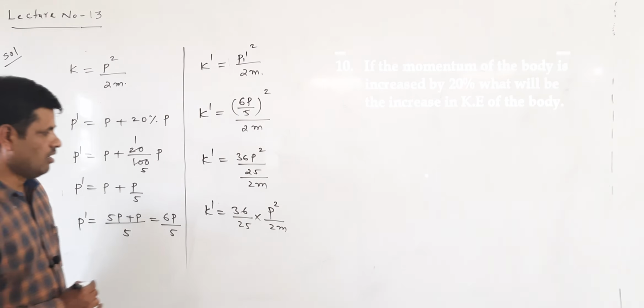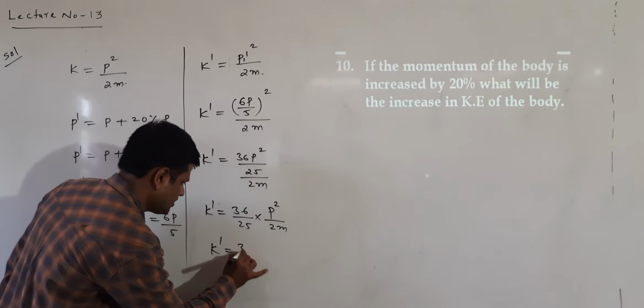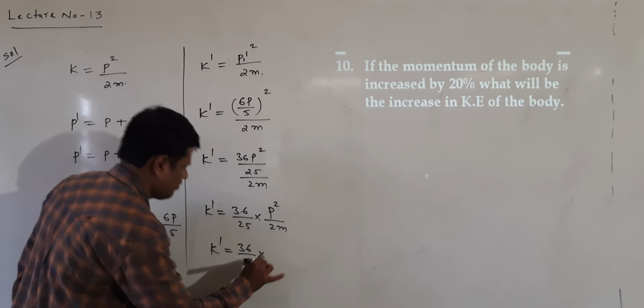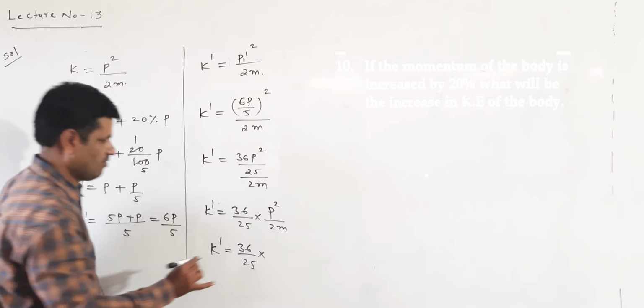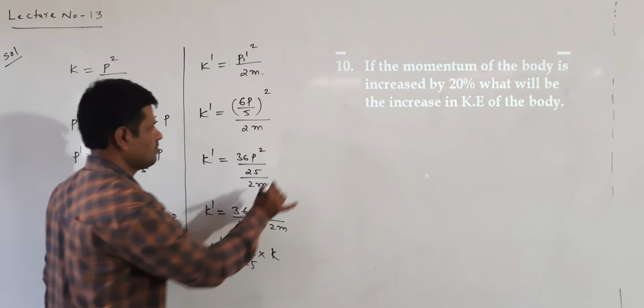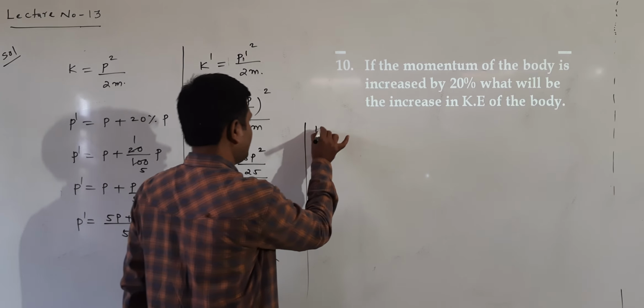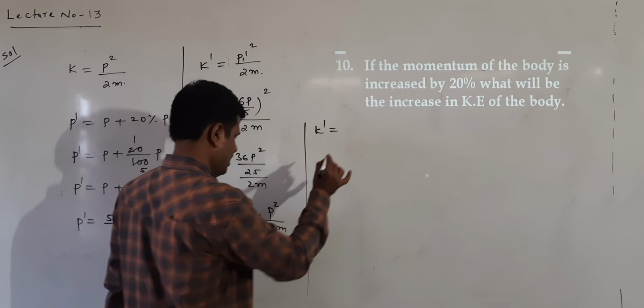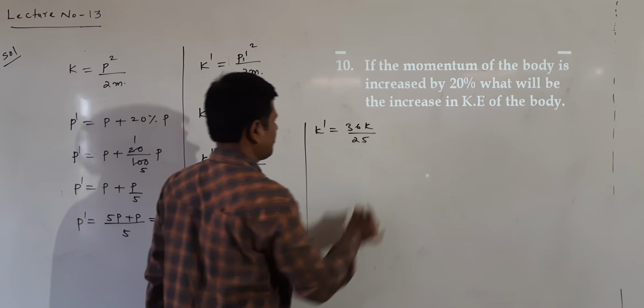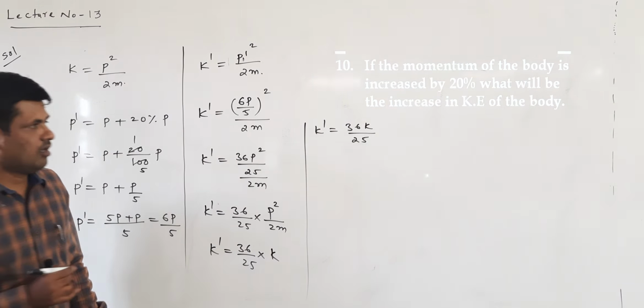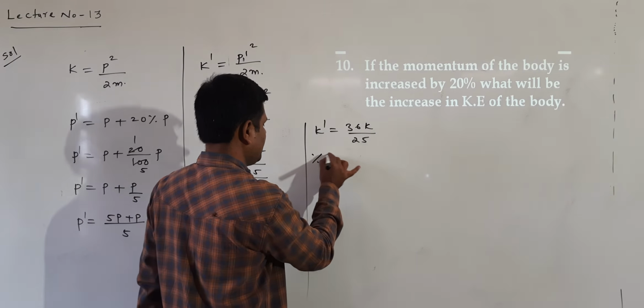Now K dash is equal to 36 by 25 into P square by 2m. P square by 2m is equal to K, as we know. So K dash is equal to 36K by 25.